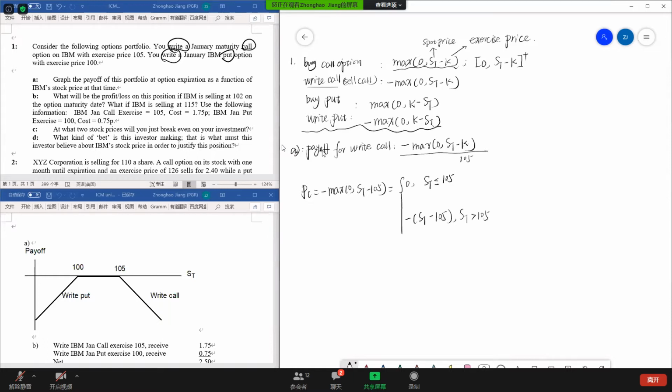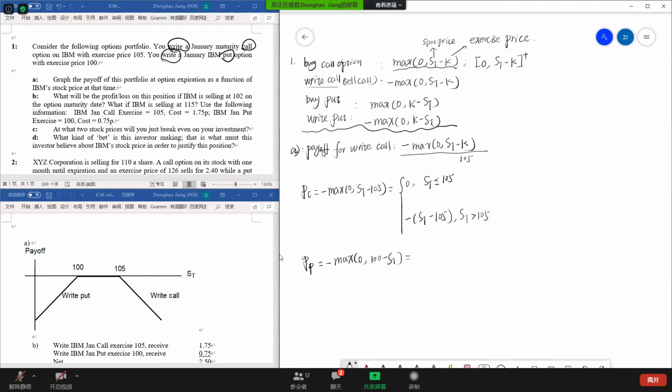Similarly, we use the payoff formula to write the payoff of the put option. The exercise price of the put is 100.